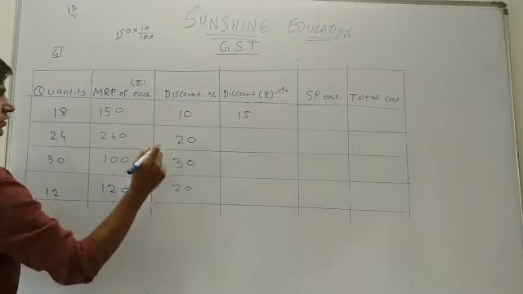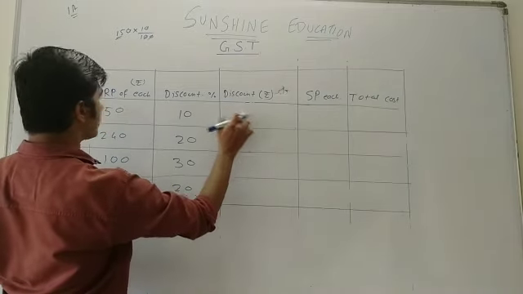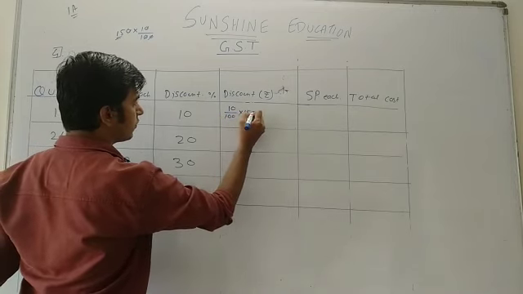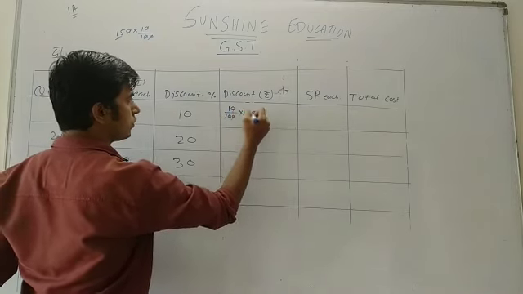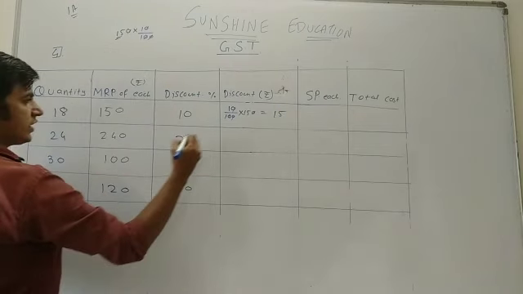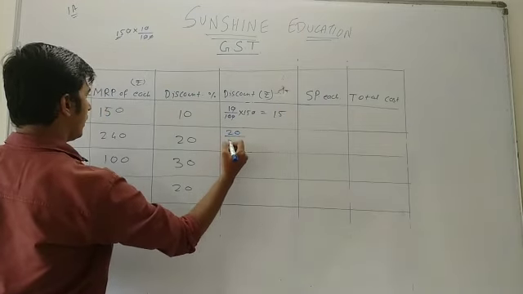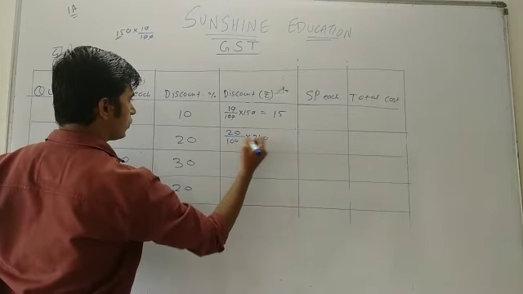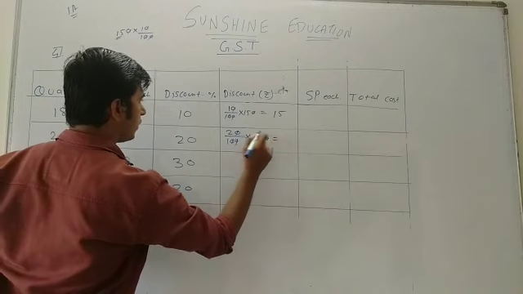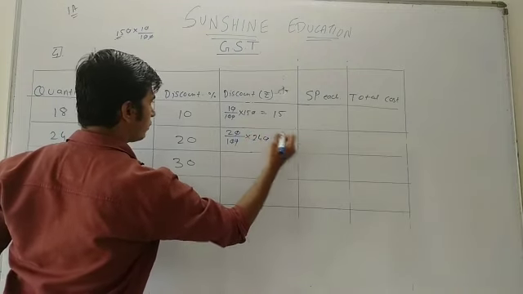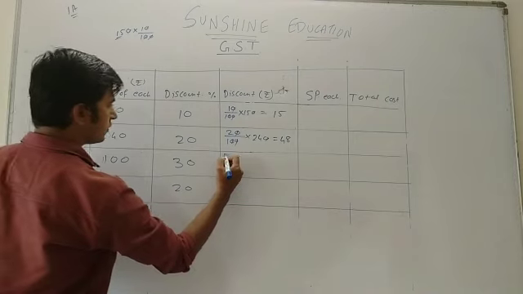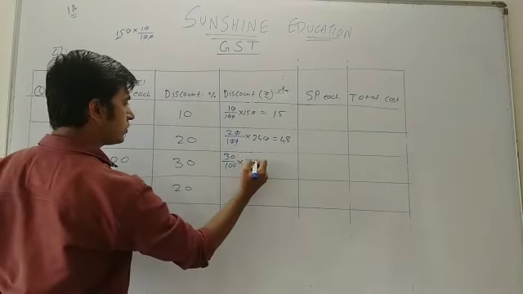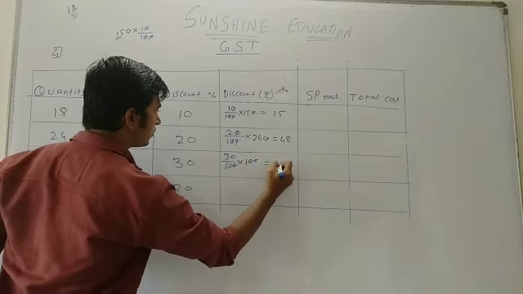Now this 20%, try to solve it over here so that you can understand. 20 upon 100 multiplied by the MRP of 240: 24 times 2 is 48. Then 30%: 30 upon 100 into the MRP of 100, which is easy to calculate, so it is 30.